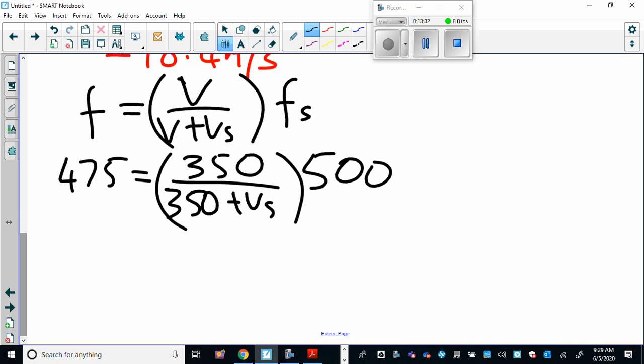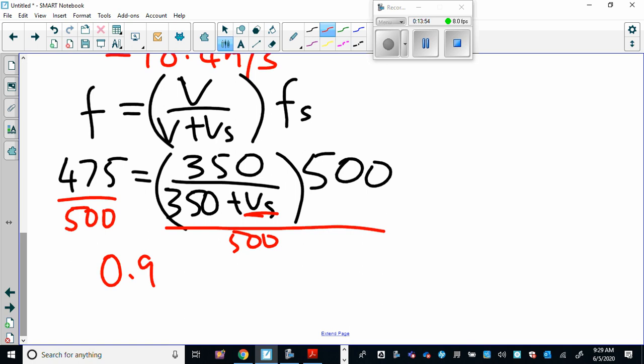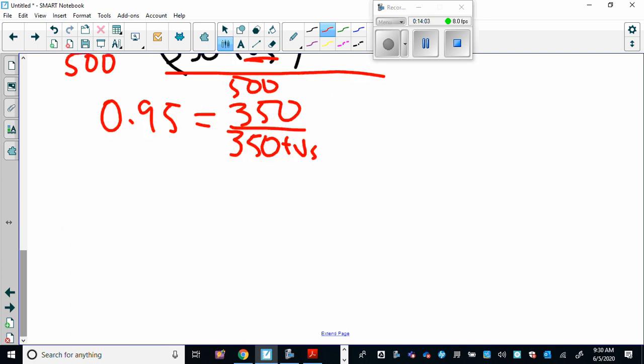Okay, and let's see. Again, we'll just do this the most logical way, not maybe the fastest way. The first thing you do in solving for this variable is divide both sides by 500. Divide by 500. 0.95 equals 350 over 350 plus Vs.